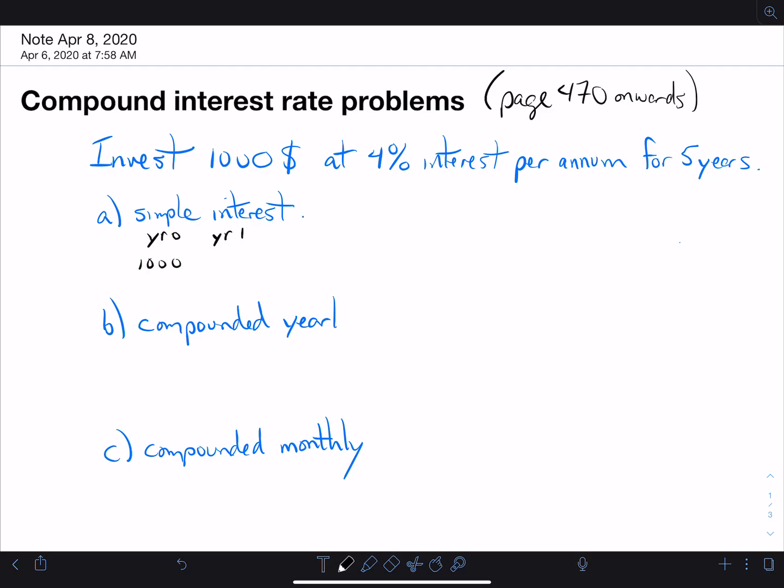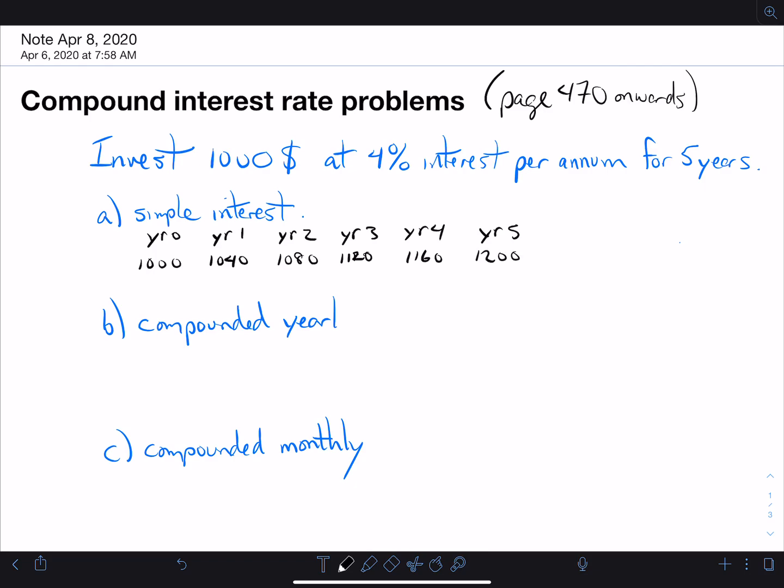After 1 year, at the end of the first year, you get $1,040. At the end of the second year, you would get $1,080, so another $40, which is 4% of 1,000. Year 3, you would get 1,120. Year 4, you would get 1,160, and the end of the 5th year, it's 1,200.